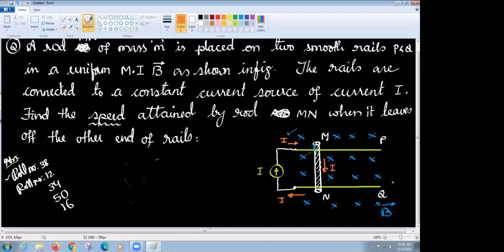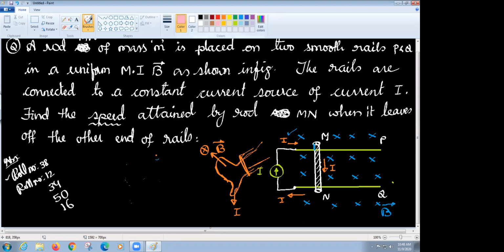You take your right hand palm and put your thumb like this. It is very difficult to draw every time, so let me show my hand. Your thumb is this way. Magnetic induction is into the board, and your thumb is the current.